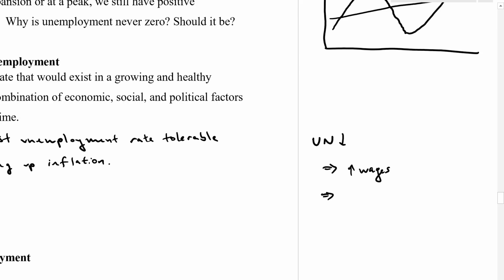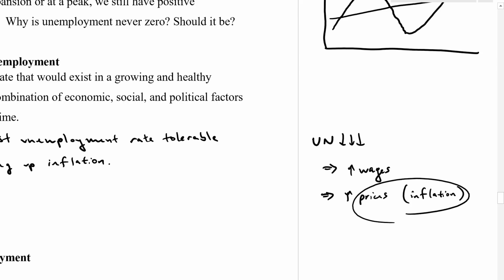And if you increase wages, that means people's incomes are going up. That means prices across the economy are going to go up. And when the price level rises, that just means we have inflation. So actually, if the unemployment rate gets too low, there's upward pressure on prices. And so there's a balance there that we need to strike.